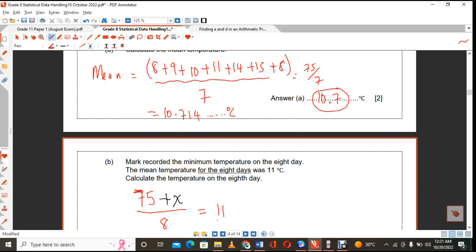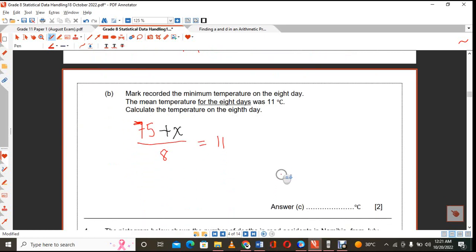So calculate temperature on the 8th day. So that's what you do there. So you can put that 11 over 1 if you want to. If that helps you to do this question, you can put 11 over 1 and put this in brackets, and then you cross multiply.